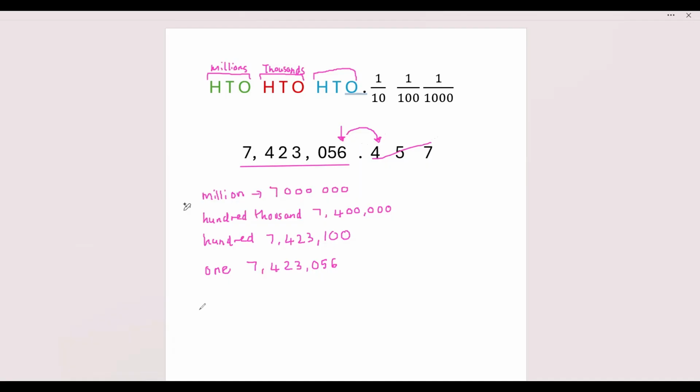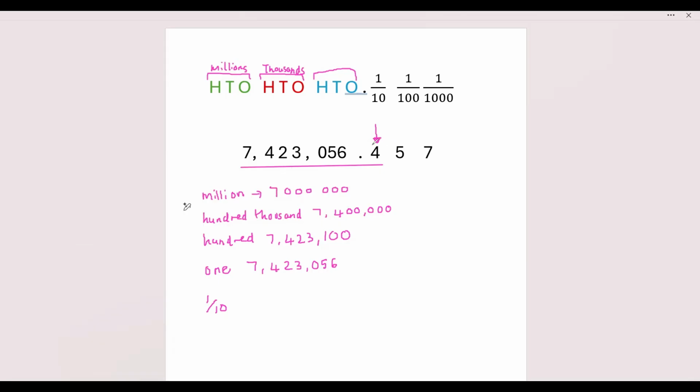Now, if we were asked to round this to the nearest tenth, this time we would need to look at the number as follows. So these are all the digits that will remain, all the way up to the tenths column here. We then need to focus on the column we're rounding to. So this is the tenths, which currently has a 4 in it.